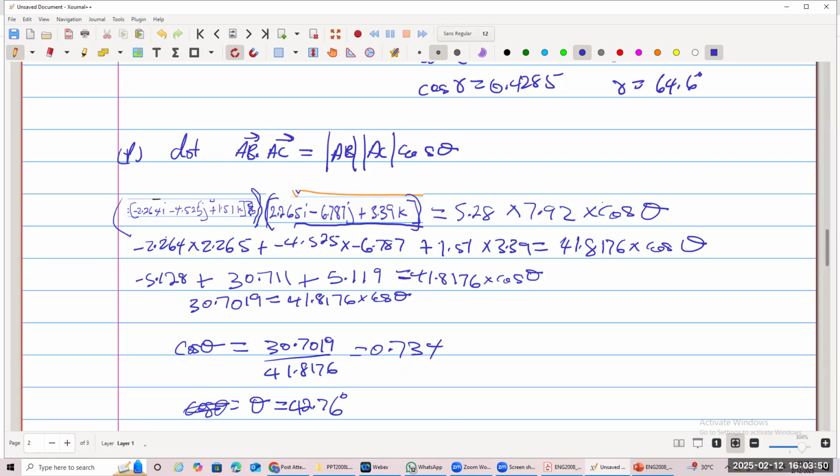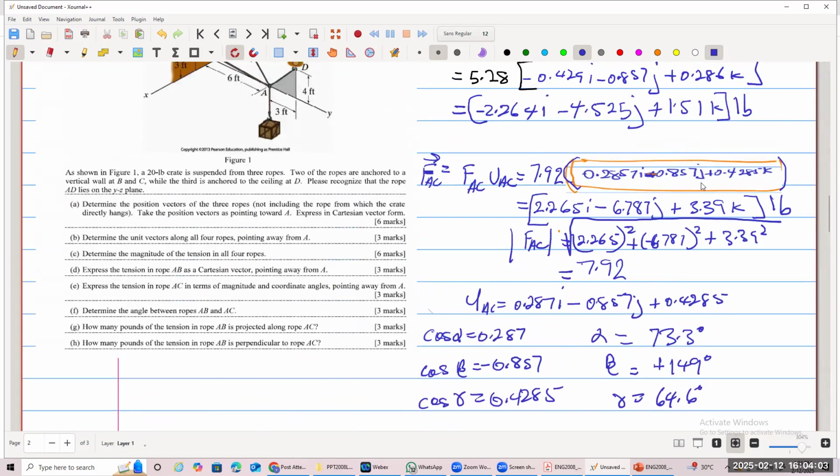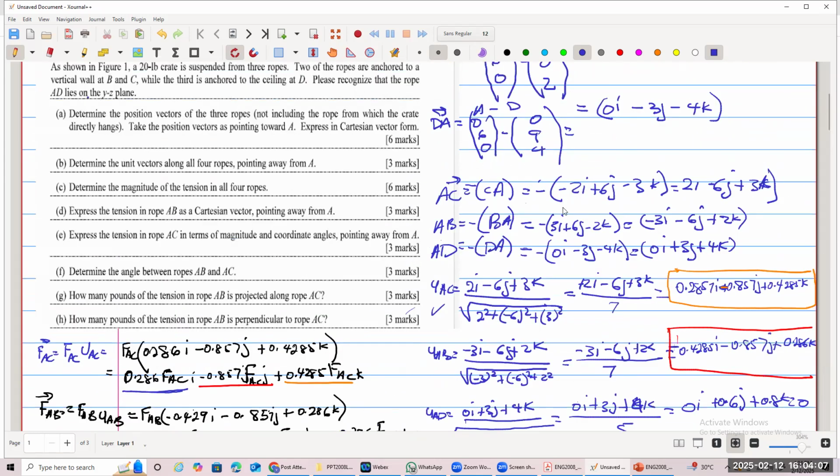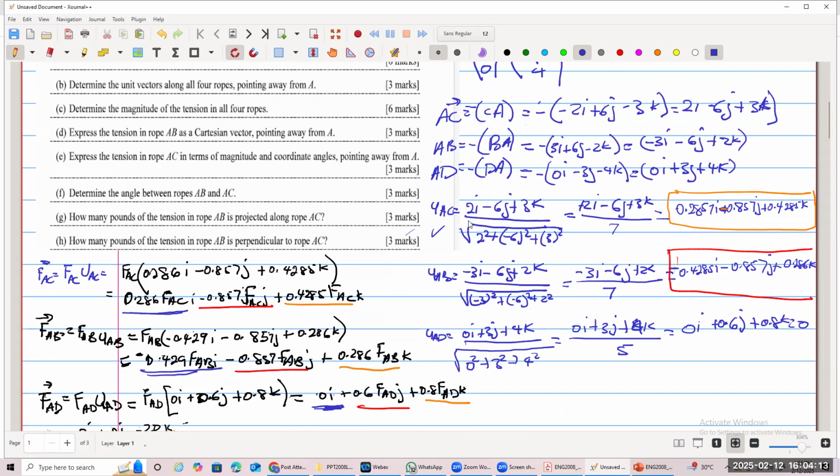So whether you use the position vector along the line or you use a force, I deliberately used a force to show you that whether you use a force or a position vector, because you could have gone up here, looked for these position vectors and used them, they will give you the same answer.